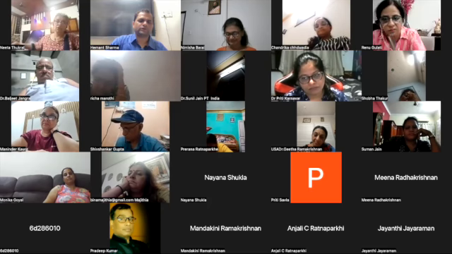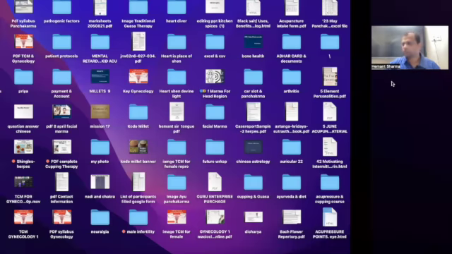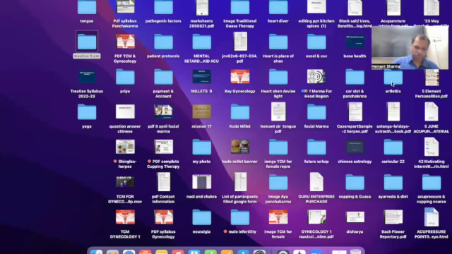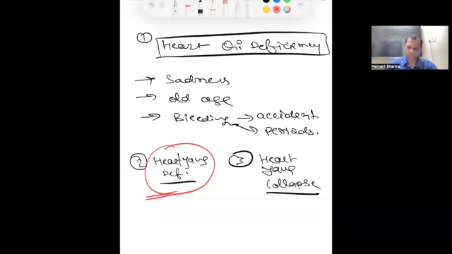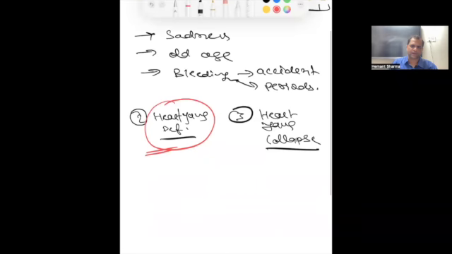So with that you can refuel the heart. So look at here now. The second condition is heart yang deficiency, and the third condition is heart yang collapse.